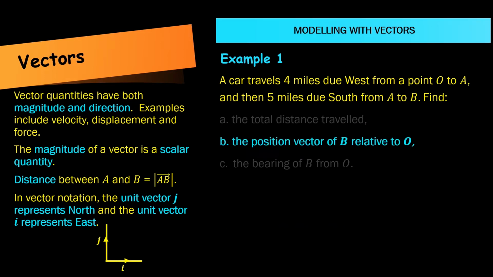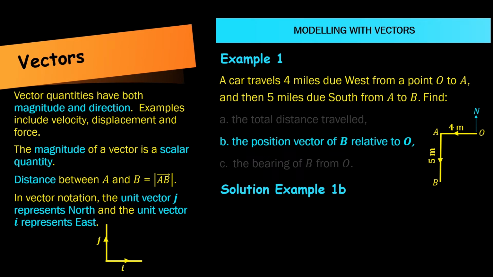Now for part B. We are required to find the position vector of B relative to O. So here's north. As you can see, the car travels 4 miles due west and 5 miles due south, and this is represented in the diagram.